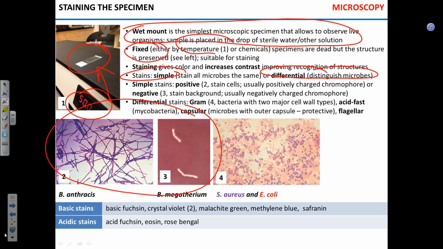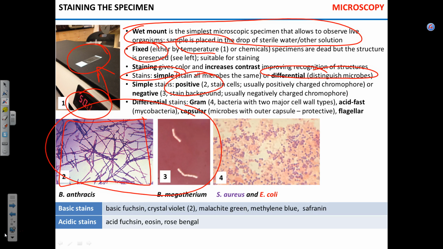Differential stains will let you tell apart different types of cells. We'll get to that. Simple stains can be positive. In this case, the molecule of a dye, like the crystal violet molecule, is charged positively, so it will bind to the surface of the cell, which is generally charged negatively, and it will stain the cell itself.